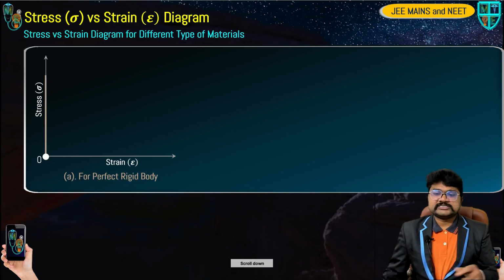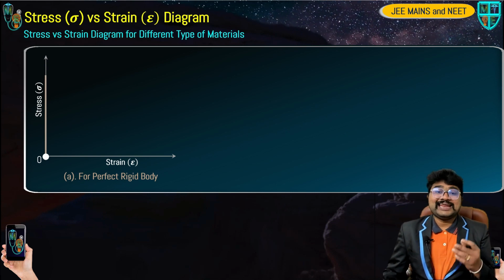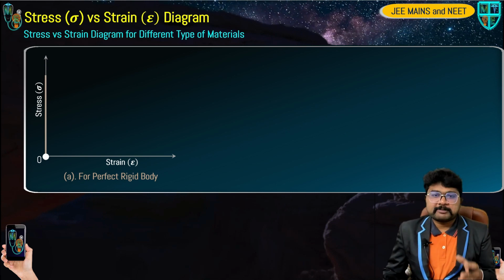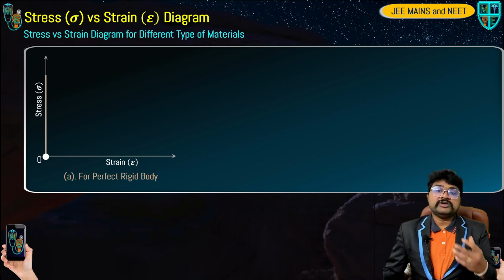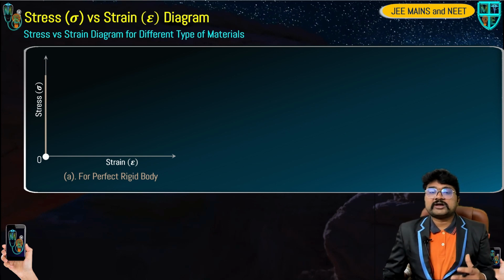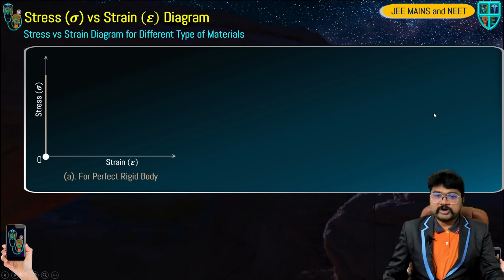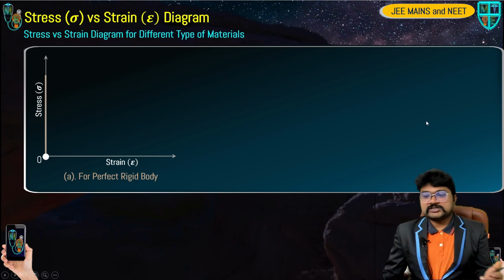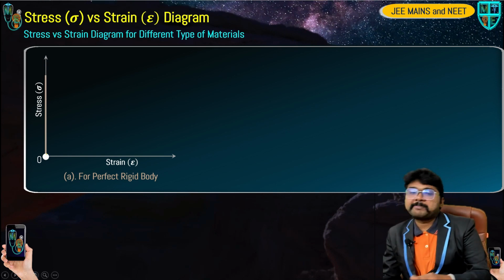A rigid body is the body in which deformation is negligible even if you apply an infinite amount of force. Zero deformation for infinite force is nothing but a perfect rigid body. Even if you apply the load, deformation is zero.